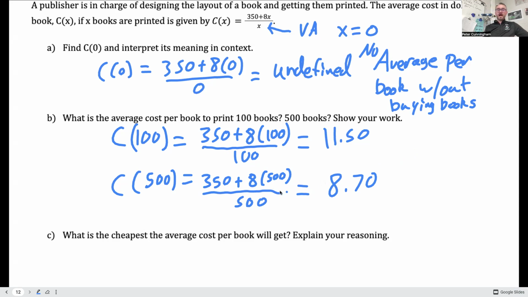Okay. But no matter how much work you do, what will the average cost of the book never get to? Where will that horizontal asymptote exist?